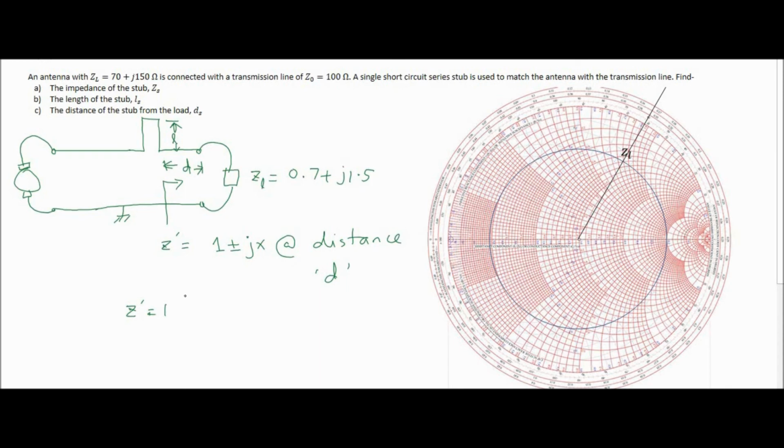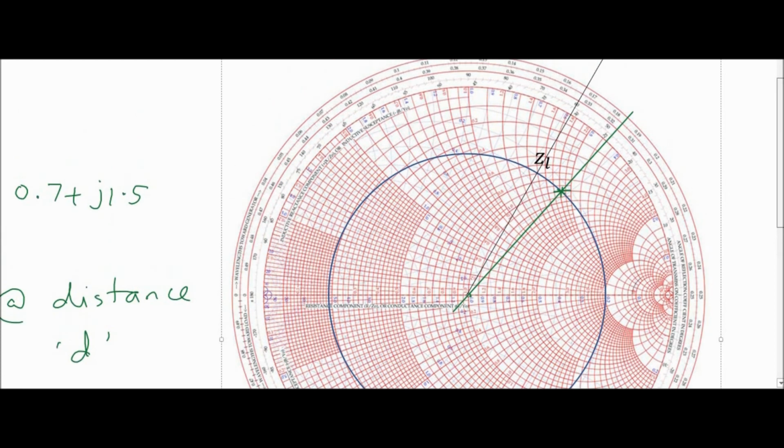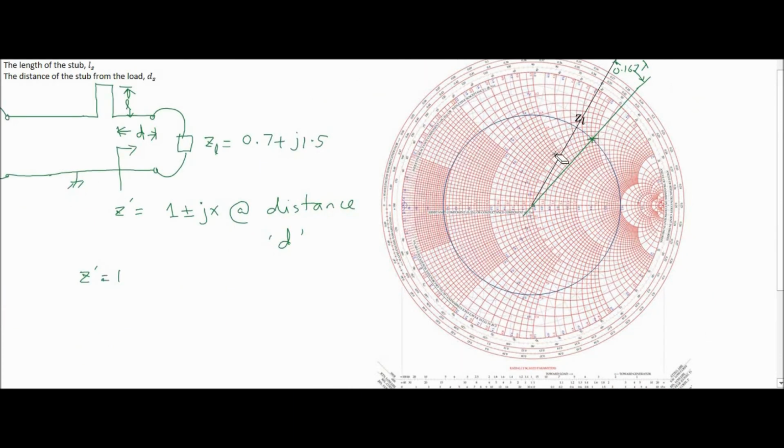So let me go to the Smith chart. This point is here, and on this point I can draw a straight line. If you draw this straight line, you can find the distance between these two points. The distance from this point is 0.167 lambda, and we find this point is 0.185 lambda.